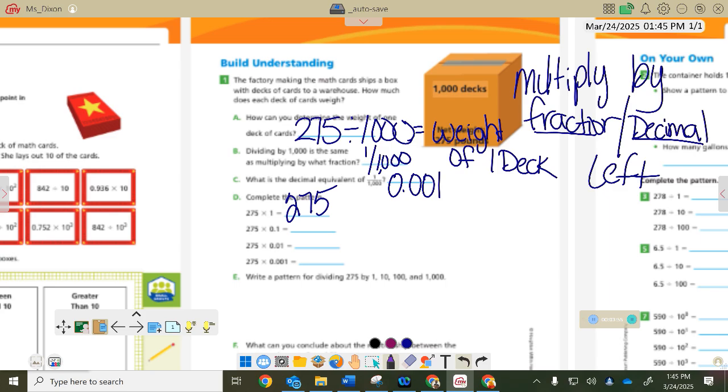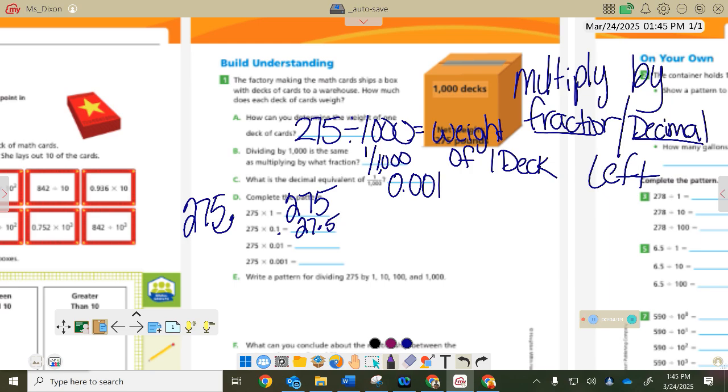In our number, we have 275. Your decimal is right here. We have 1 digit behind the decimal, so we move our decimal to the left 1 place. Our answer ends up being 27 and 5/10.